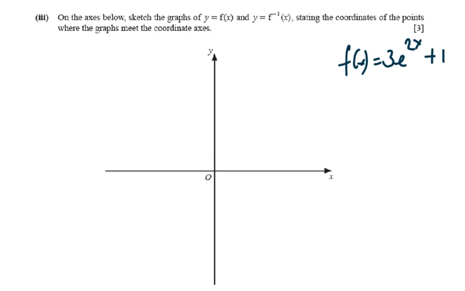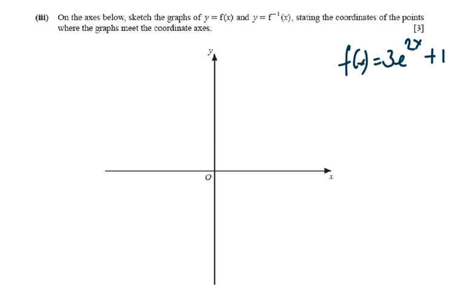We will now proceed to question number 5, part 3. You are asked to sketch the function of f and its inverse, stating the coordinates of the point where the graph meets the coordinate axis. So first you need to have an idea of how we sketch the exponential graph.